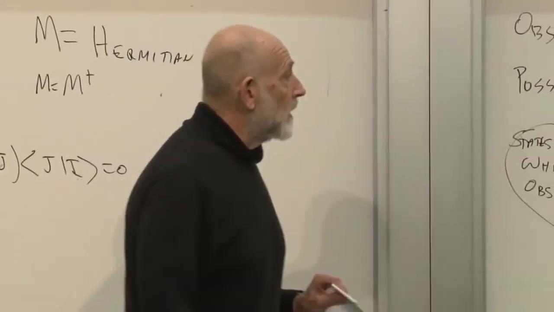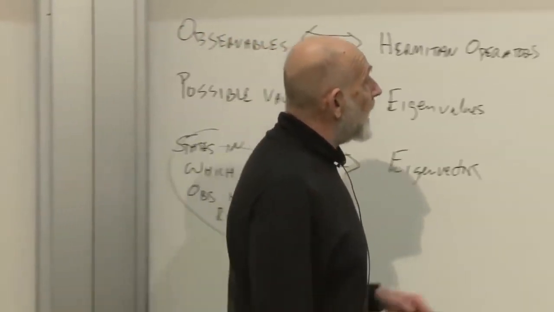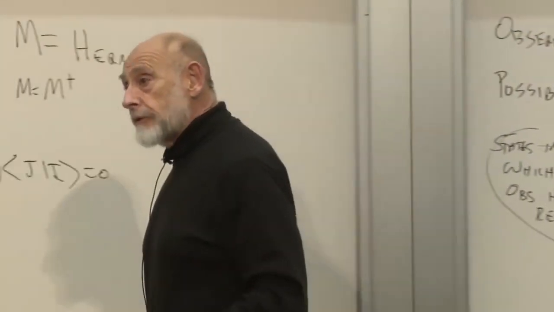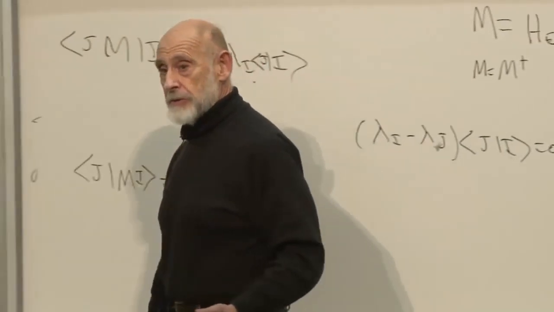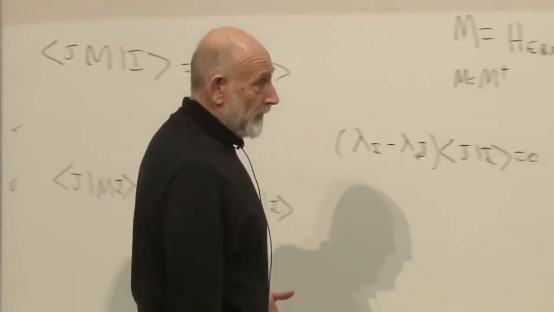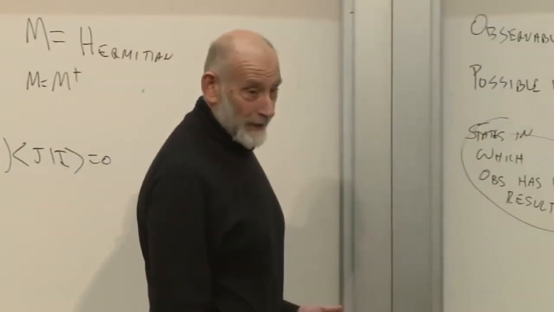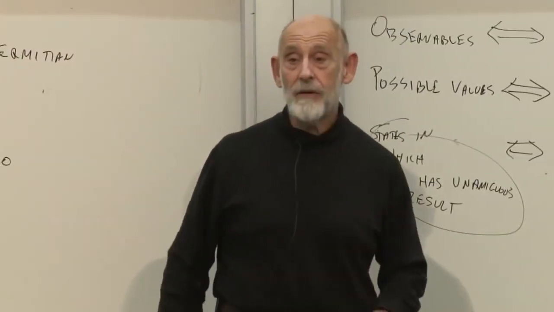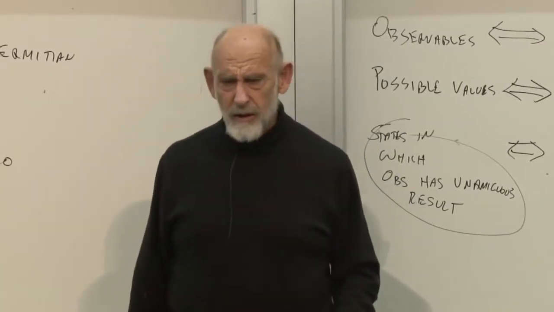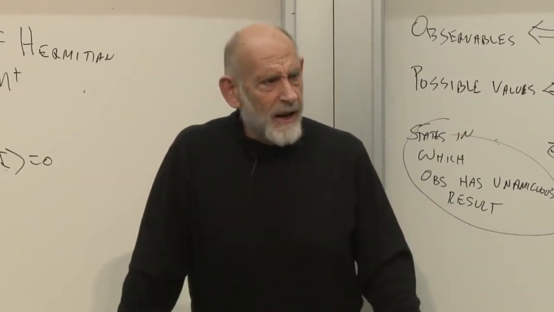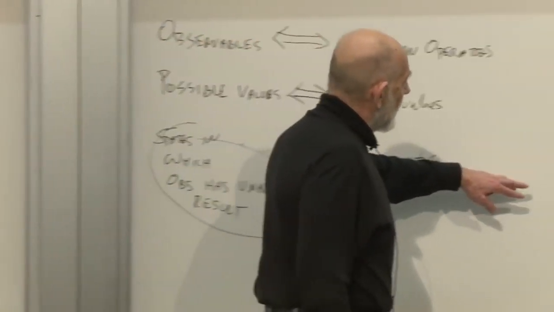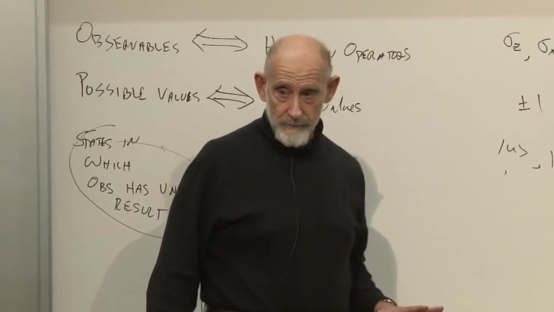Left and right were the states in which sigma x was unambiguously either +1 or -1, so left and right must be the eigenvectors of sigma x, whatever sigma x is. We're going to figure out what sigma x is knowing its eigenvalues and eigenvectors. And the other two, in and out, were the eigenvectors of sigma y.